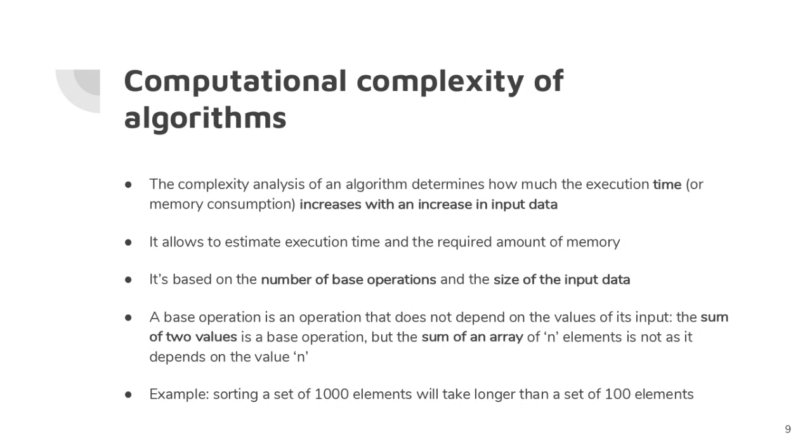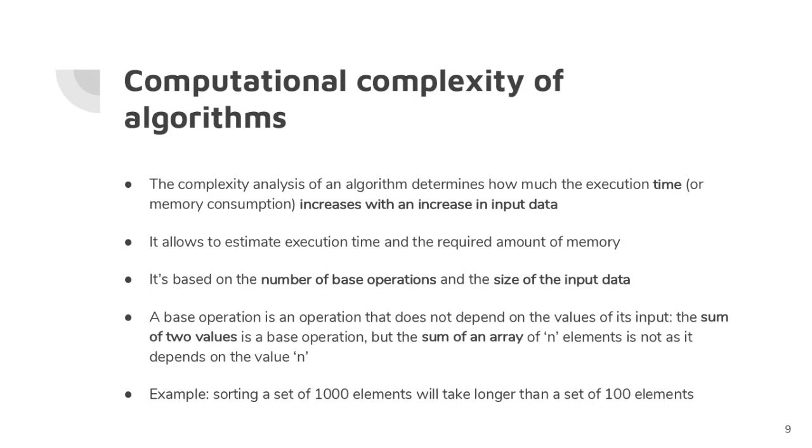So we look at how much time the algorithm takes in function of the size of the input data. So that's complexity. So it allows you to estimate the total execution time, the total amount of memory you need.